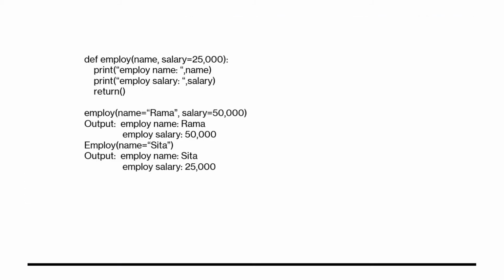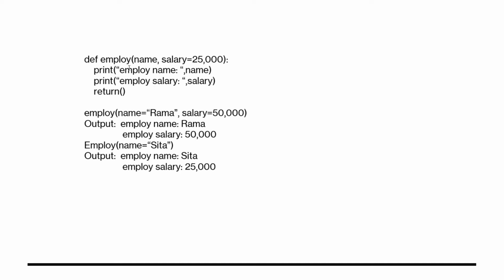Then in the same way, here is some more examples. This is again a function using a def statement. We have defined an employee function. In this function we have some details about the employee, name and salary, some basic details as arguments of this employee function.